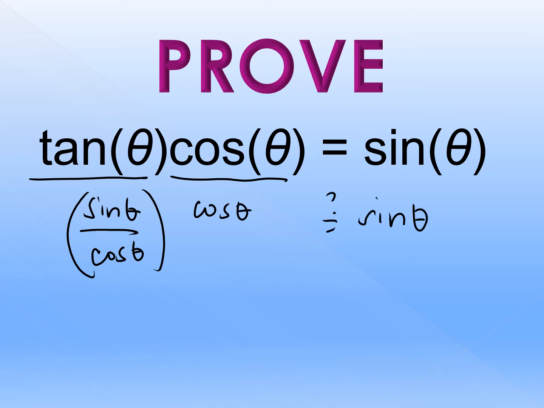So we write a question mark because we're not sure if we can get the same value for the right and the left side. So next, we're going to cancel cosine theta. Therefore, we prove that sine theta is equal to sine theta. So we prove that the right side is the same as the left side of the equation.